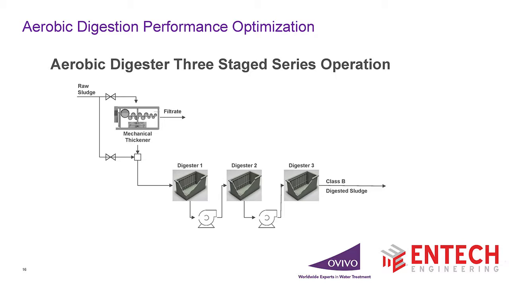Pretty simple, but when you do something like that, you gain considerably, because when you feed a digester at a higher rate, you get a higher rate of digestion. So in that first digester, you're getting a lot higher volumetric efficiency, because you're feeding it at a higher rate.